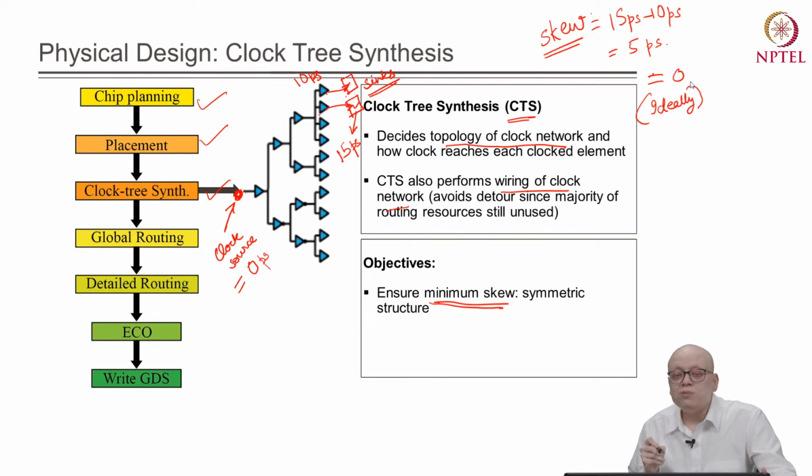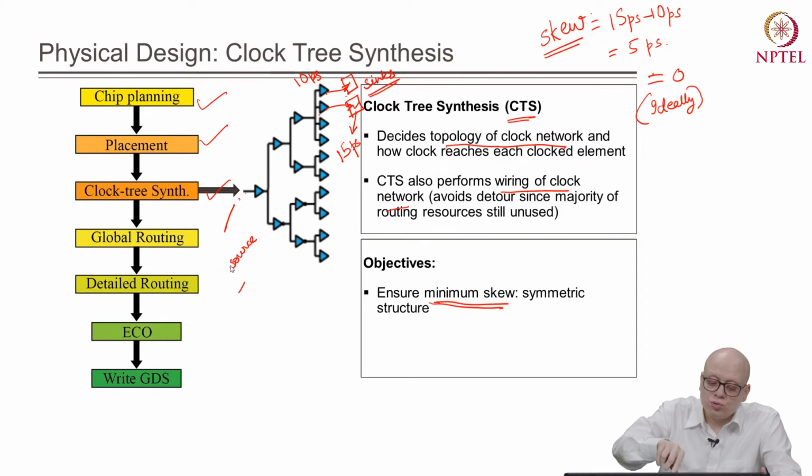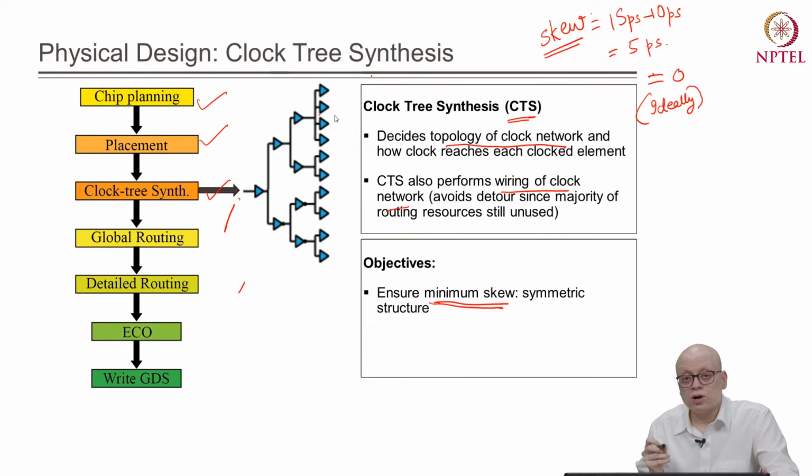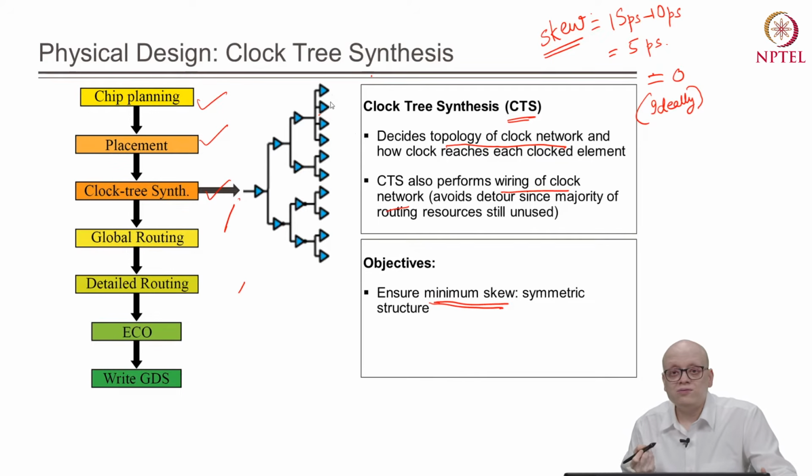And to do that, what does the clock tree synthesis tool do? It tries to minimize the clock skew by choosing a topology such that it is symmetric. If the architecture of the clock tree is symmetric, then the chances of minimizing the clock skew are very high.